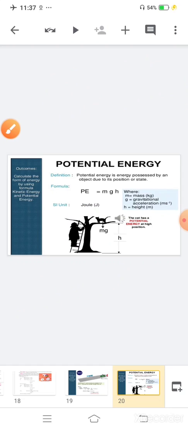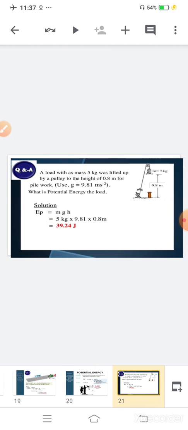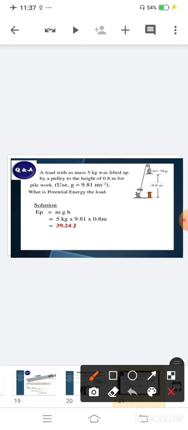What do you mean by potential energy? Potential energy is possessed by an object due to its position or state. Its formula is PE is equal to mgh, and its SI unit is joule. A load with a mass of 5 kg was lifted up by a pulley to a height of 0.8 meter for pile work. g is given to you, 9.81 meter per second square.